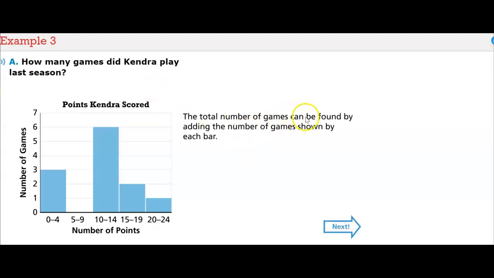The total number of games can be found by adding the number of games shown on each bar. This bar represents 3 games. This bar represents 6 games. This bar represents 2 games. This bar represents 1. So you add them all up and you get 12. She played a total of 12 games, and that's how we were able to use that histogram to answer the question.